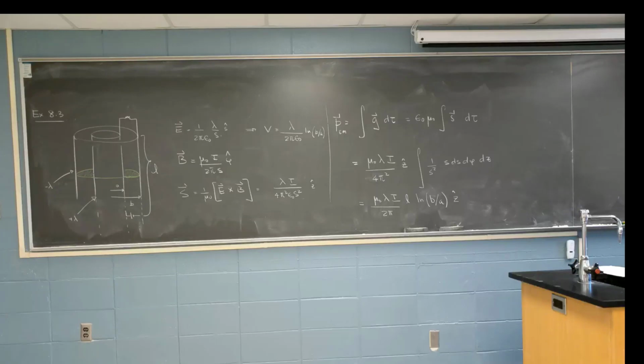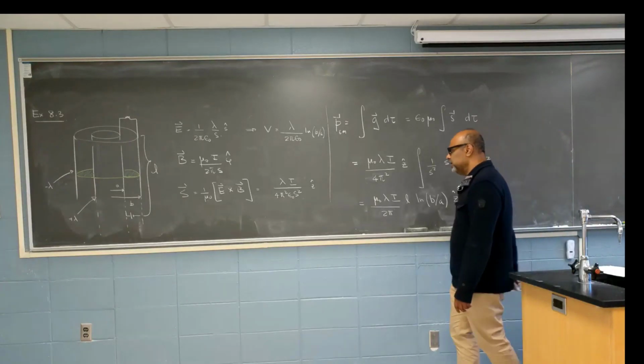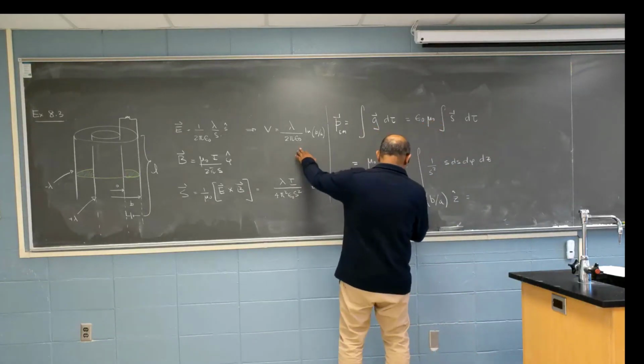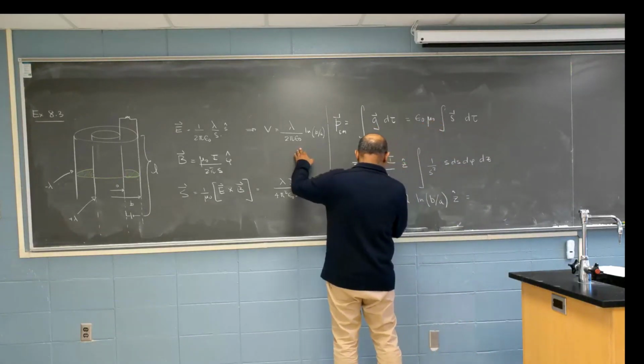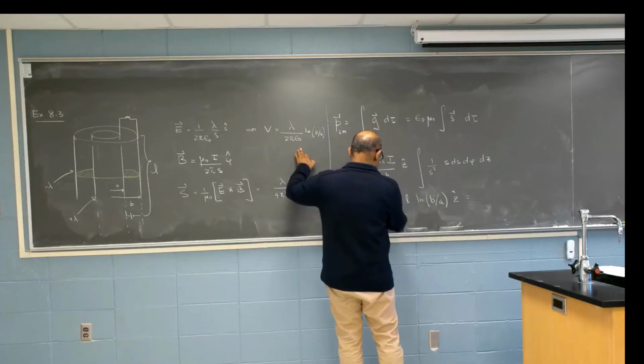So what I'm going to do is put epsilon naught here and epsilon naught here, and then what is this?